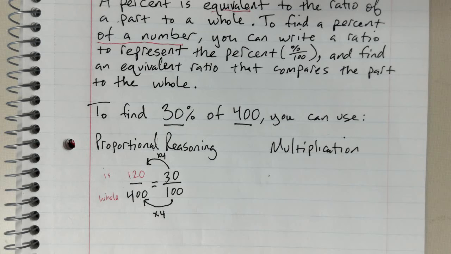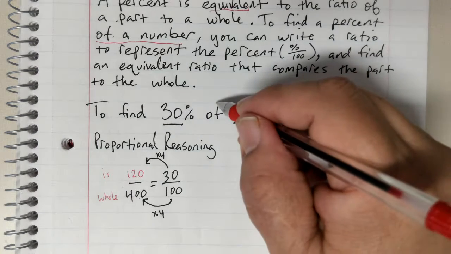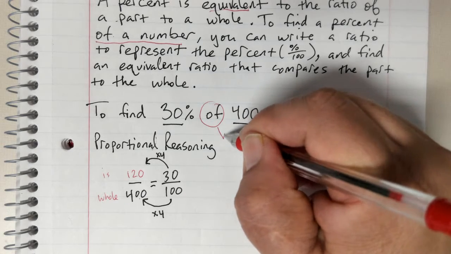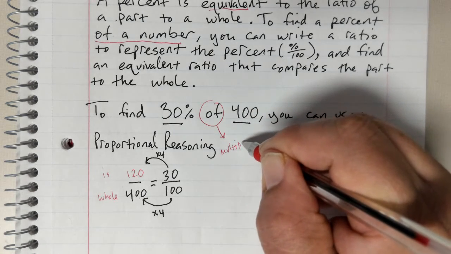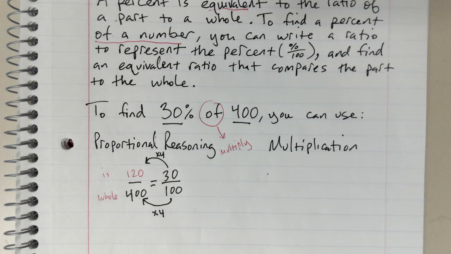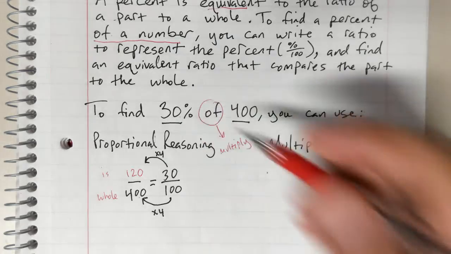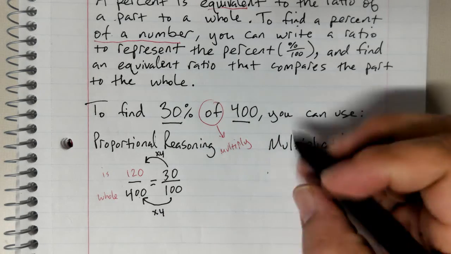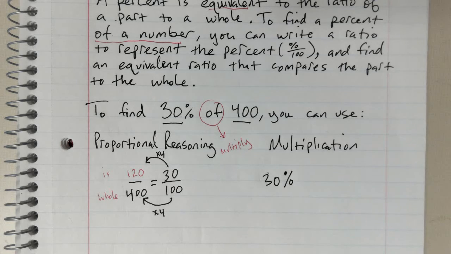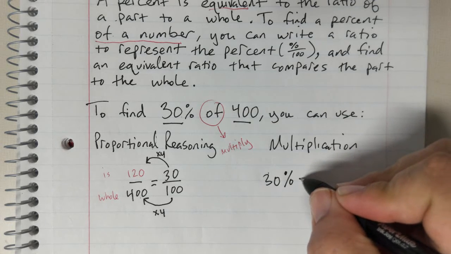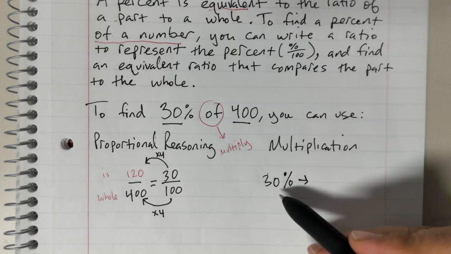Alright, another way we can do that is multiplication, because if you remember, the word of can mean to multiply. And we already know that to change 30% to a decimal, we can divide.